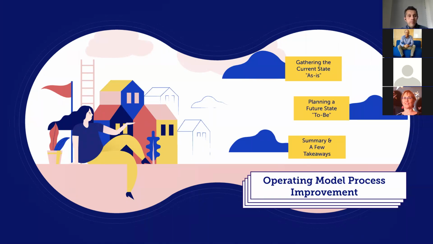We're quite bad at actually sitting down and asking them. We seem to make technology decisions or future state decisions saying we know what they want. So you're not alone. And I think this is why I put in gathering a current as-is state. It is super, super important to know this.